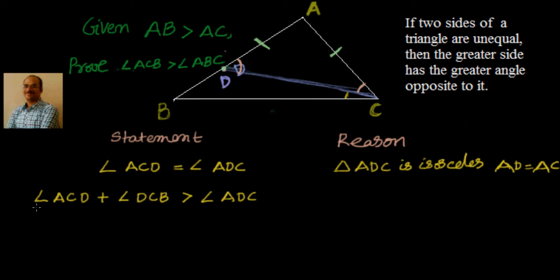Now if you look at this, angle ACD plus DCB is nothing but angle ACB, which is greater than or equal to angle ADC. But if you observe very clearly, you can write angle ADC as the sum of the remaining two interior angles, because this is the exterior angle.